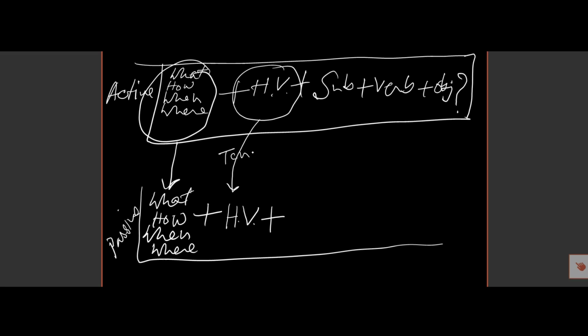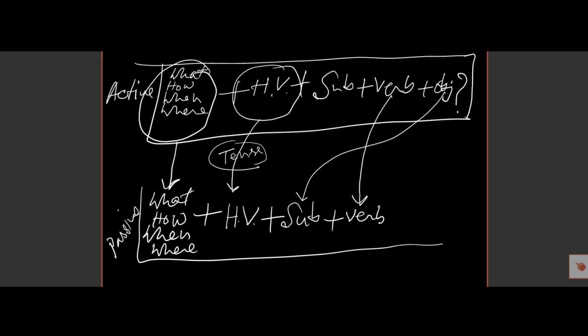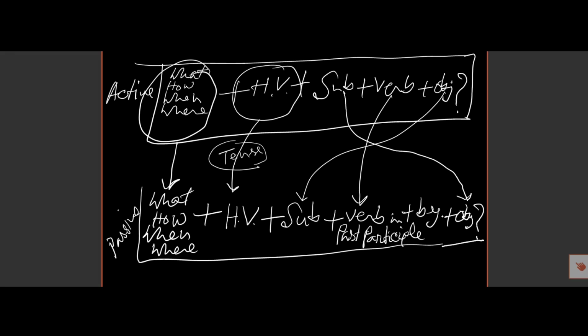According to tense, here the helping verb will be put, and then the object will be the subject here, then the verb will be in the past participle form, then by plus the subject will be the object, and then the note of interrogation.